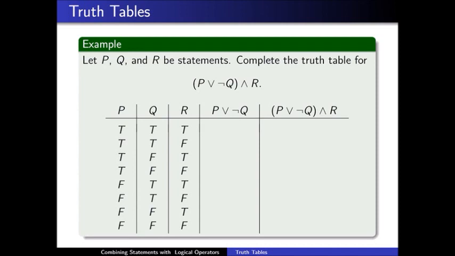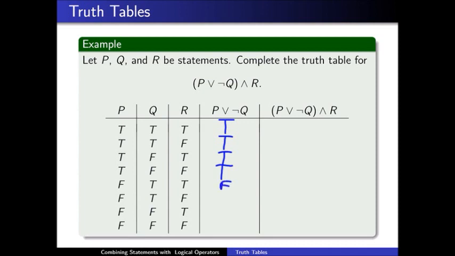Getting the truth values for P or not Q is really easy. We either need P to be true or we need not Q to be true. Well, P is true in the first 4 rows, so we can go ahead and just complete those first 4 rows very easily by just knowing that P is true. For the remaining 4 rows, P is false. So to get these truth values, we need to look at not Q. Not Q is the opposite of Q. So since Q is true in the next 2 rows, not Q is false.